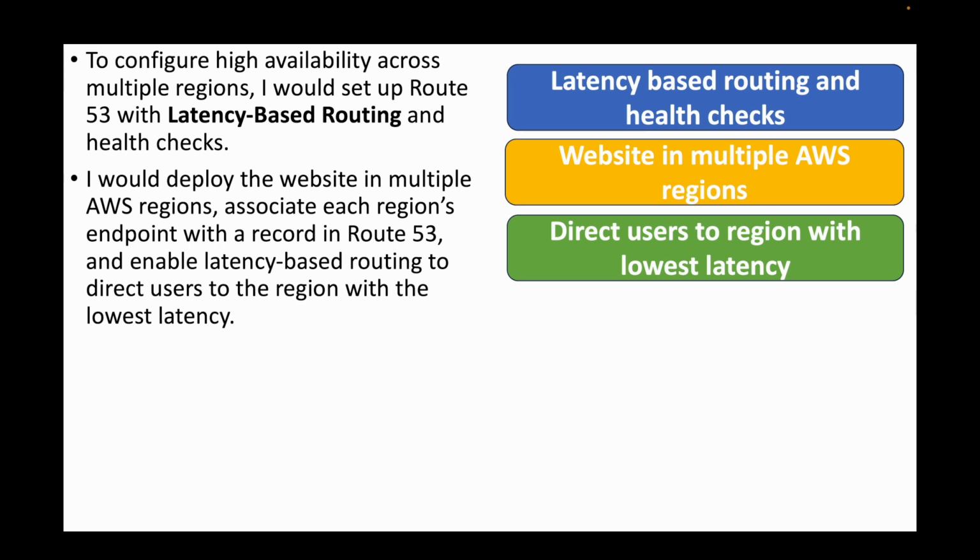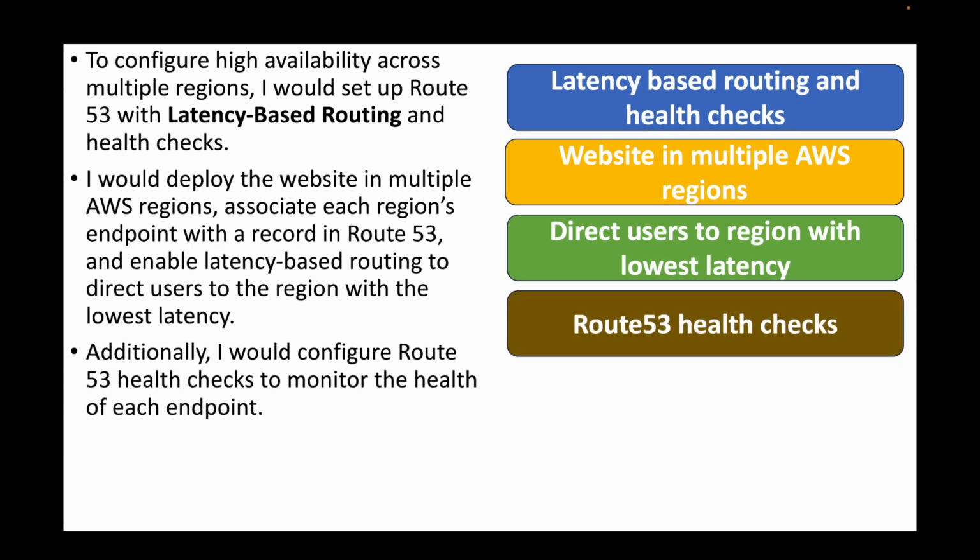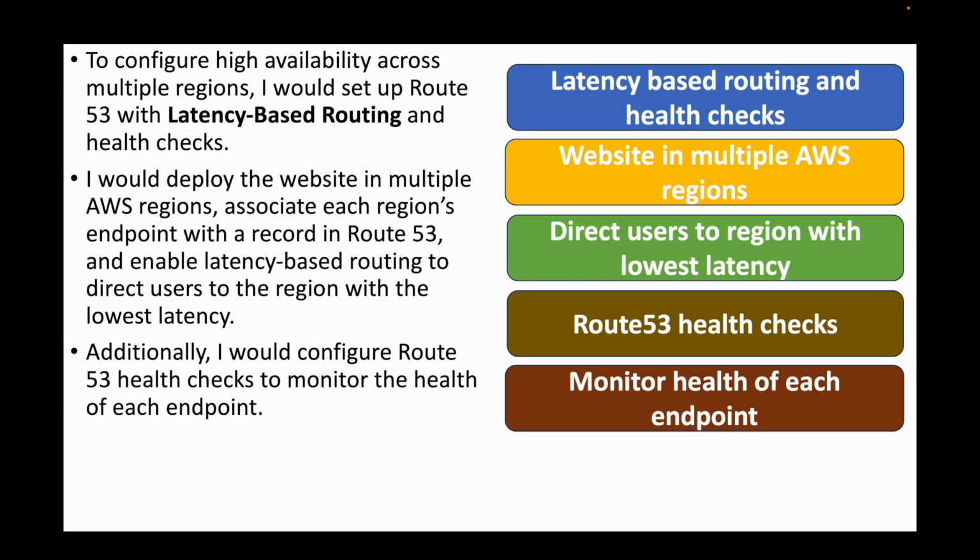So latency based routing, the whole point of that is to basically route your users to the region that provides you the lowest latency. So let's say you have North Virginia and you have Oregon. So whichever region gives the lowest latency, the traffic will be routed to that region. Now, additionally, you can also configure health checks for this routing, which will monitor the health of each of your endpoints.